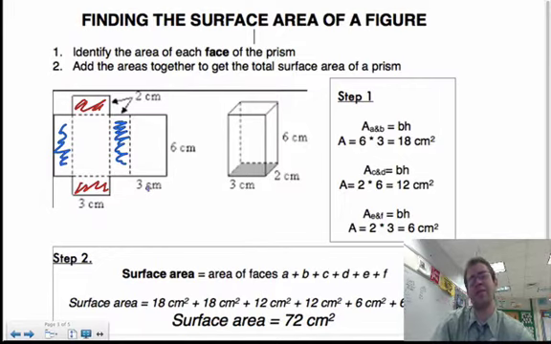And so I don't have to find the area of every single one. What I can do is find the area of one shape and then multiply it by how many it is congruent to. So if I look at this, I would take 6 times 3, or 18, times 2.